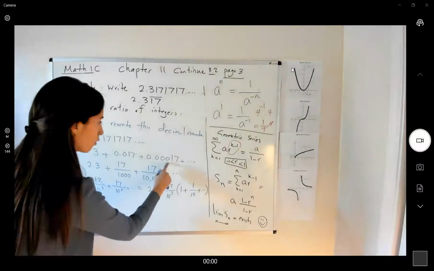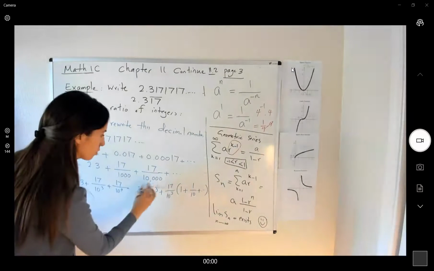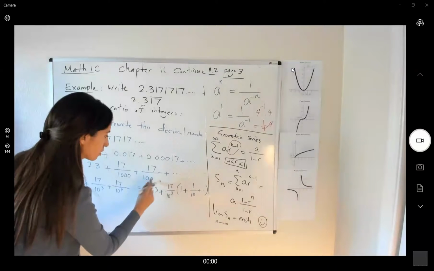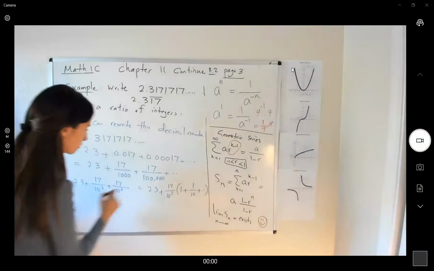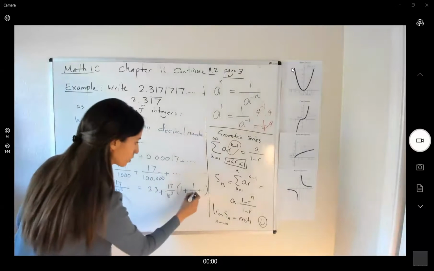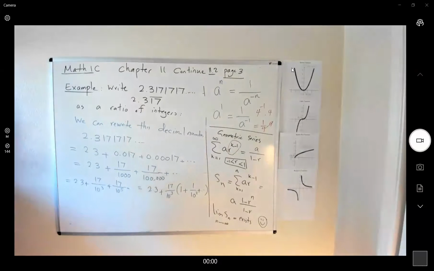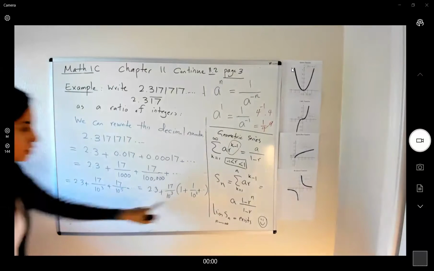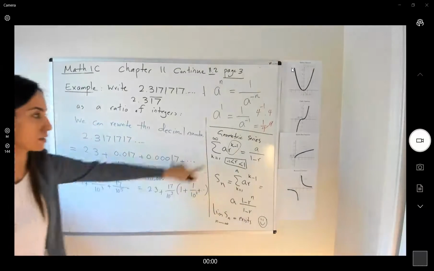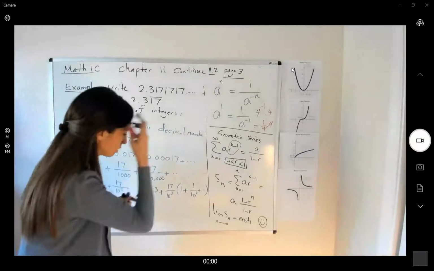This line has 5 zeros: 1, 2, 3, 4, 5. It's not 10,000, it's 100,000. Here you get 10 squared. Very good. So this part is similar to our geometric series.